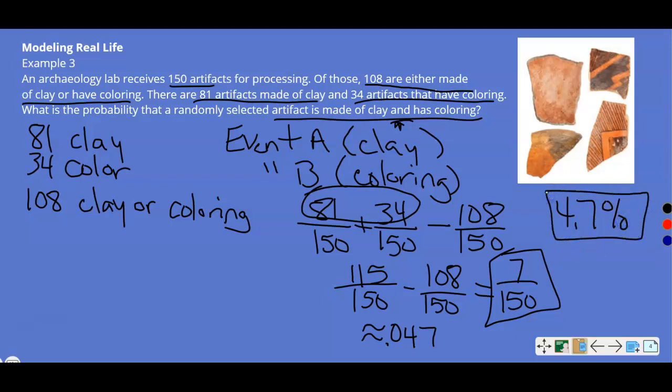That means that is the probability that a randomly selected artifact is both made of clay and has coloring. That was found using the same formula as before, event A plus event B minus the overlapping part. And we got all of that information from the problem above.